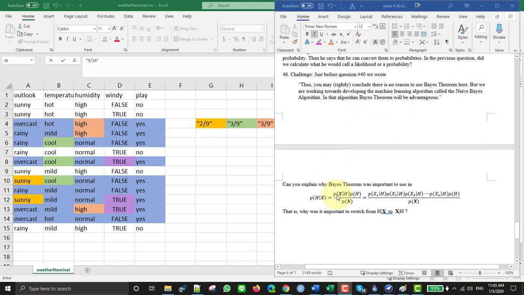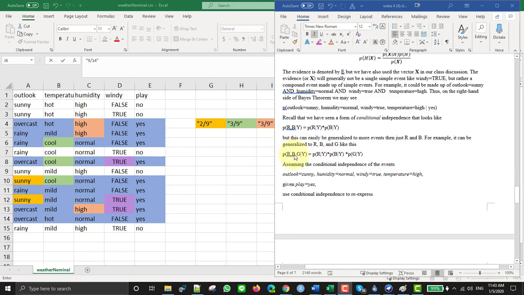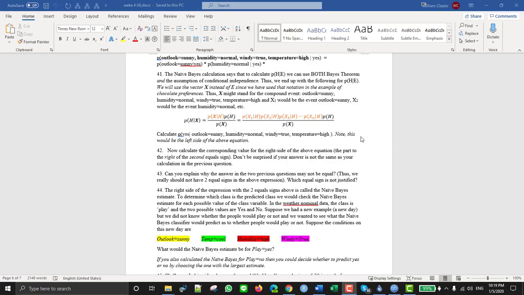So the reason is so that we can use the concept of conditional independence. Remember that this X is made up of actually many statements, and then we can split it like this. Remember that we had this. So we started out with something which was made of many statements, and conditional independence allows us to split it like this.